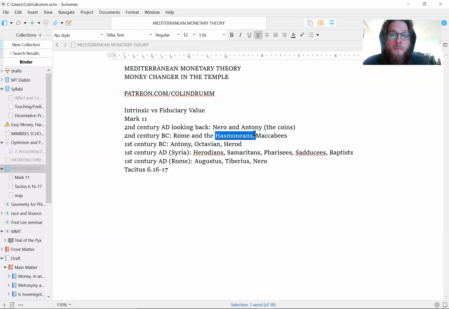I think they probably never were minted. So they're minting bronze coins, and this is all basically as part of their funding the military activity that accompanies the sort of breakup of the 3rd century interstate system and the rise of these new powers. Okay, so that's the 2nd century, and the Hasmoneans found a dynasty that lasts for a little over 100 years.